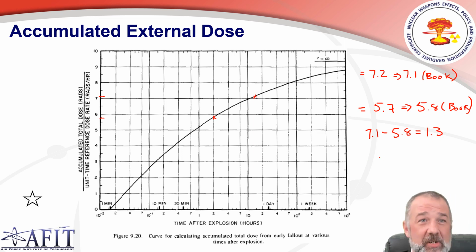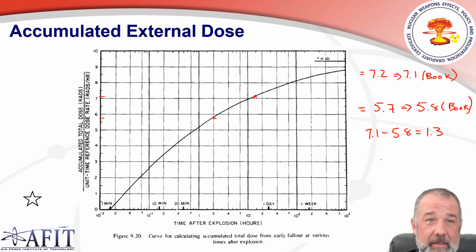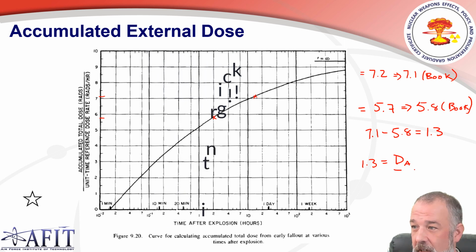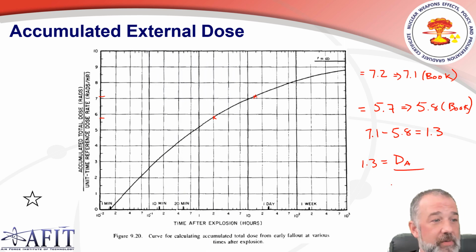Okay. So now we have our accumulated dose over our reference dose rate. And we know what our reference dose rate is because we've already found out. Our reference dose rate is going to be 3.8.